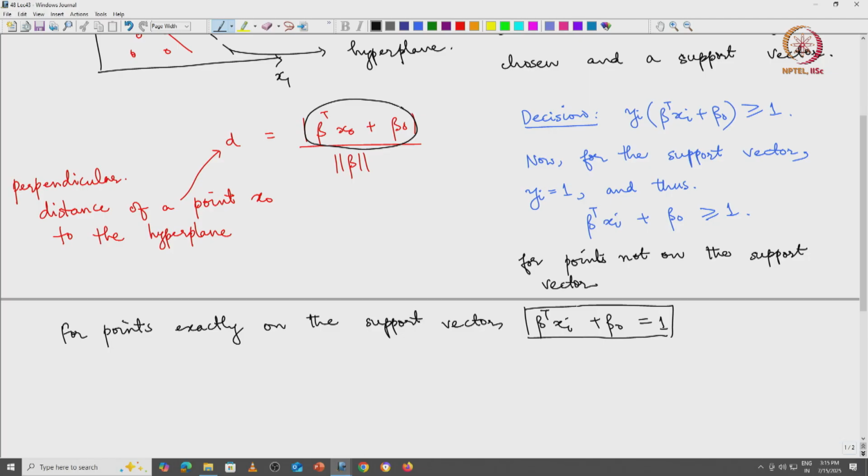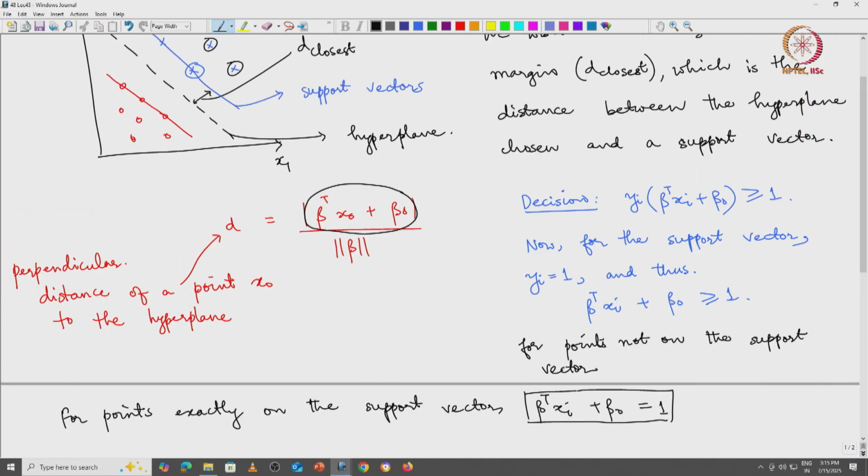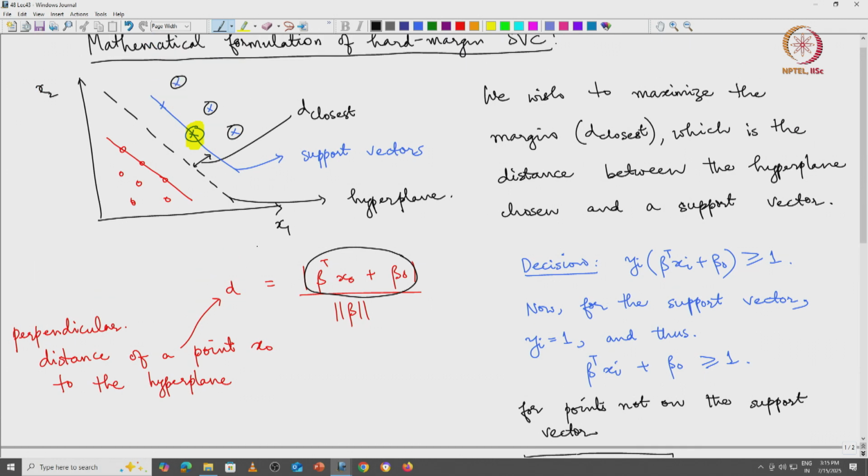Beta transpose x naught plus beta naught. We want to find the distance of a point that is on the support vector to the hyperplane. This is the distance we want to find, the d closest, and the equation of the hyperplane is beta transpose x plus beta naught equal to 0.